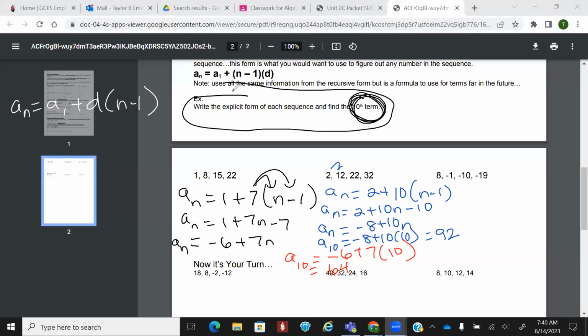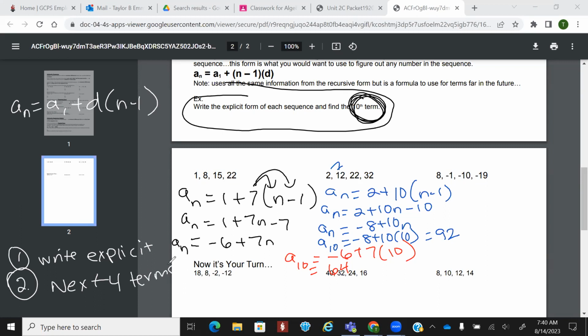So on your mastery check, what they're going to ask you to do is write the explicit form, write the next 4 terms, find the common difference.